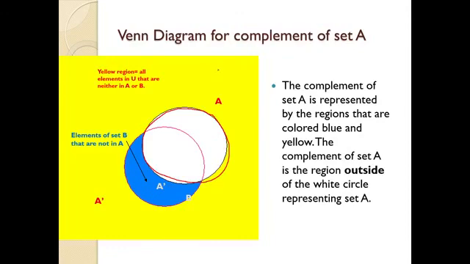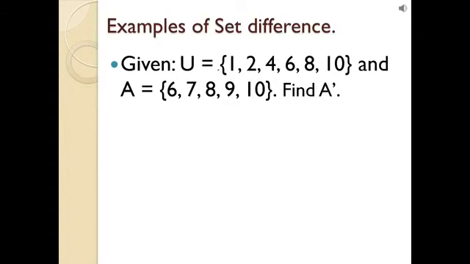Okay? So meaning, if I'm going to have this question, what is the complement of A? Look at this one. 6. I will cross out 6. 7. 8. I'm going to have 7 here, by the way.